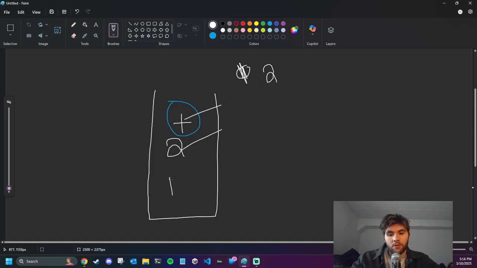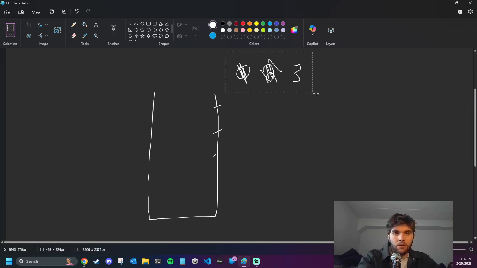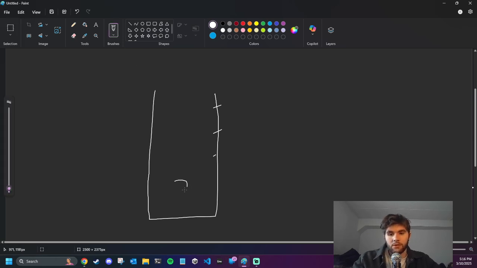So we pop those, and then we pop this, and that becomes 3. Now, once it's empty, what we're gonna do is add that value to the stack. Now we just have 3 in the stack.